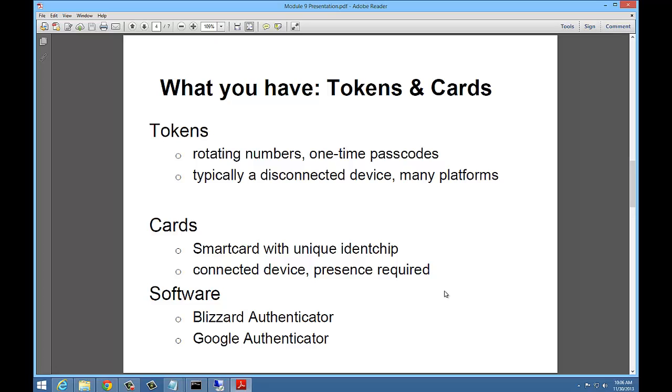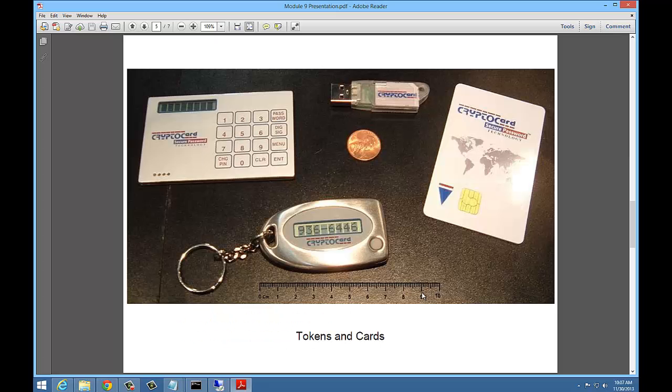There are smart cards as well, and they have a unique chip, so when you get close to your computer and type in your password along with it, that will give you access. Then there are software authentication packages as well. A couple of those are Blizzard and Google, which give you the feel of a token or a card, but it's software based.